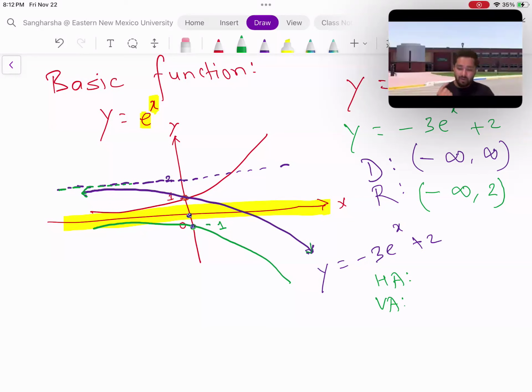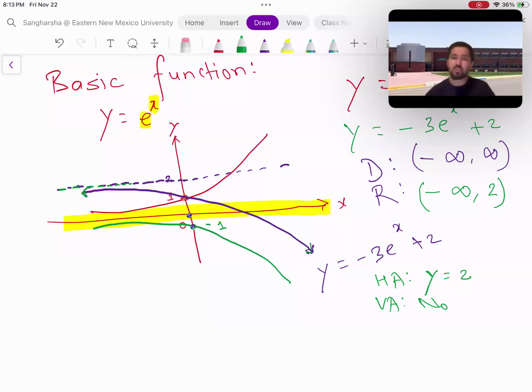So whenever you are writing a line, it has to be an equation. So we have a horizontal line at 2. So that is our horizontal asymptote. And the equation for the horizontal line is y equals 2. Make sure you are writing an equation. So if you write 2, that's not the equation. That's not the horizontal line. And we don't have a vertical asymptote. So no vertical asymptote.